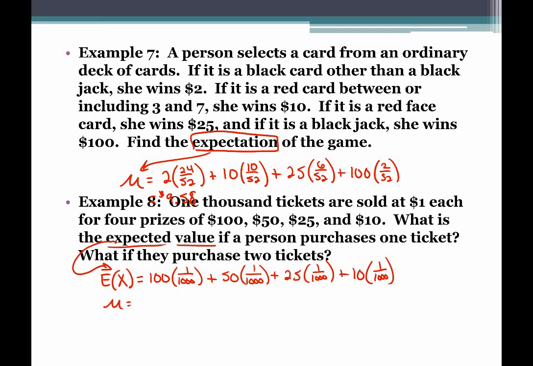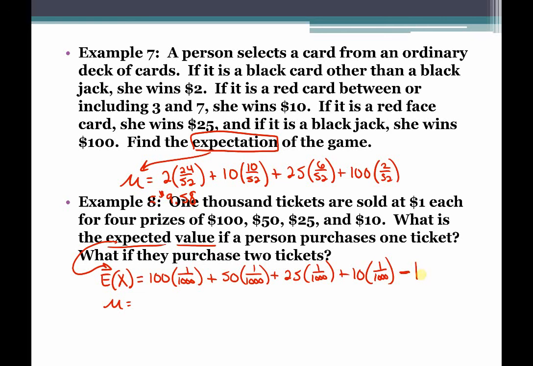Now here's what we have to think about. I lose my $1 every time. Even if I win the $100 prize, how much have I really won? 99. I lose that $1 every time. So I'm going to subtract off that $1.